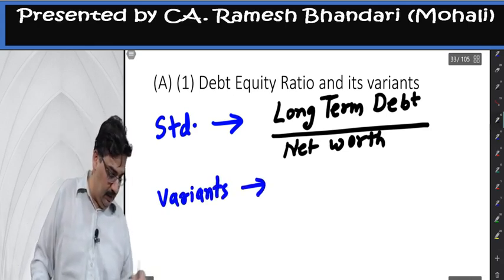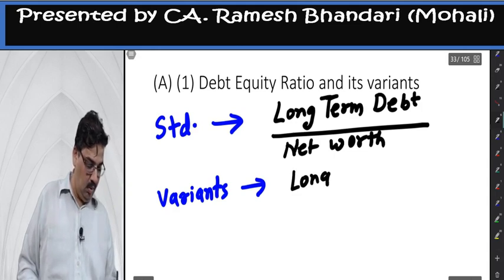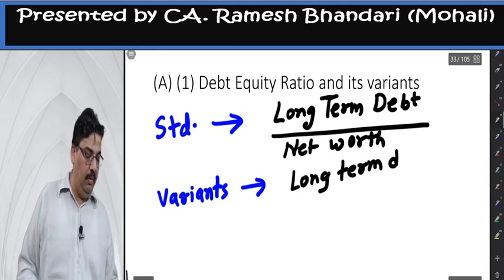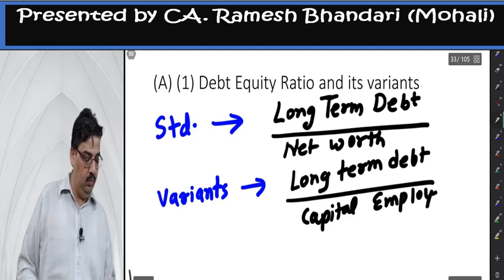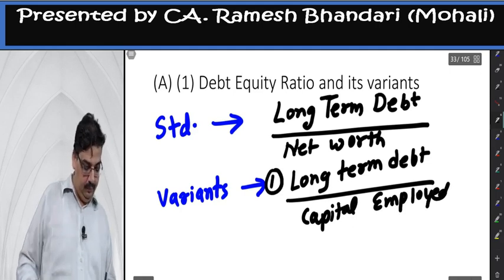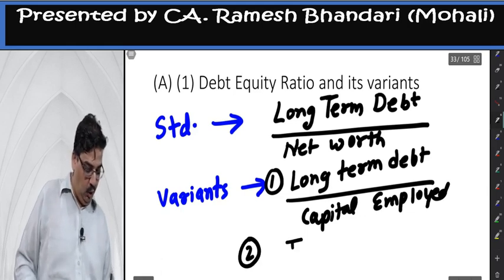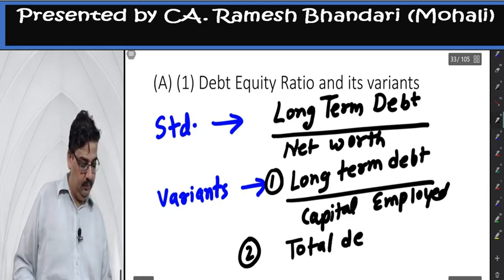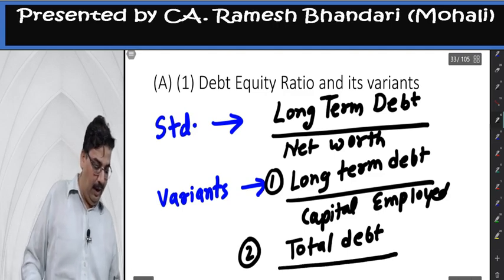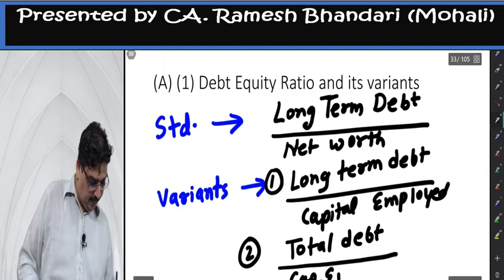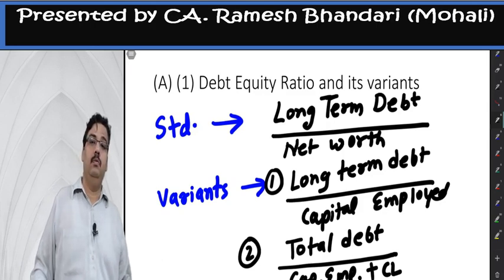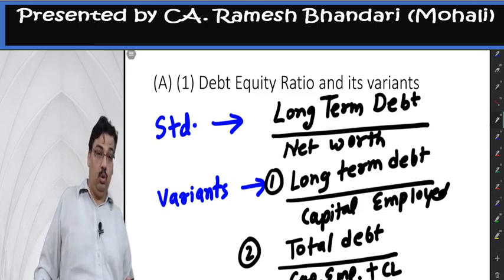What are the variants? Long-term debt divided by capital employed, or total debt divided by capital employed plus current liabilities, which effectively becomes the total of the liability side.